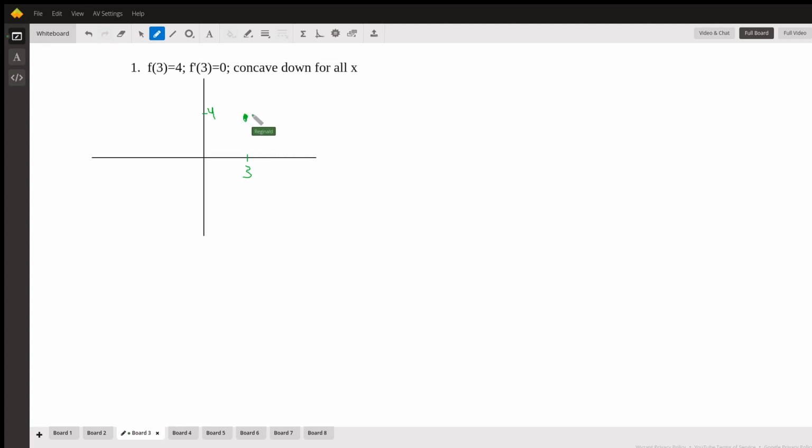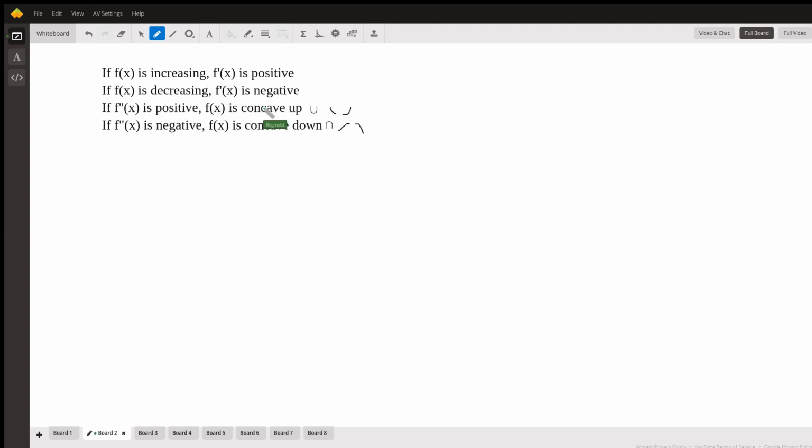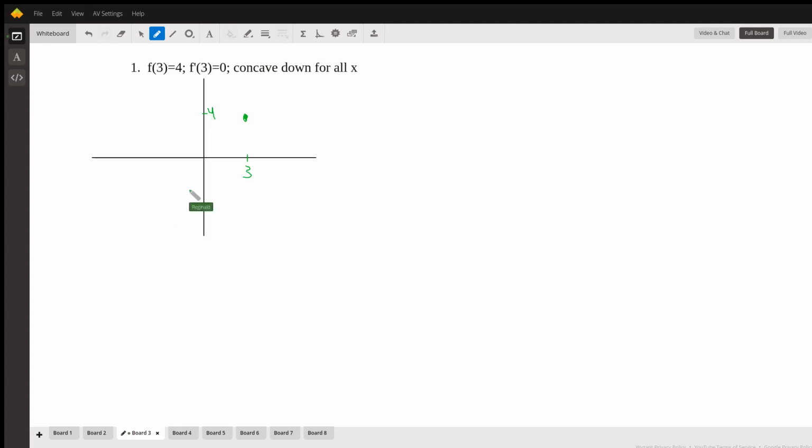Now they also said that f prime of 3 is 0. So since it's 0, it's neither increasing nor decreasing, right? So I'm going to draw a slight horizontal line as such. Then they did say that it's concave down for all of x, right?